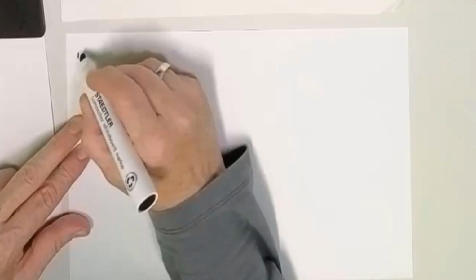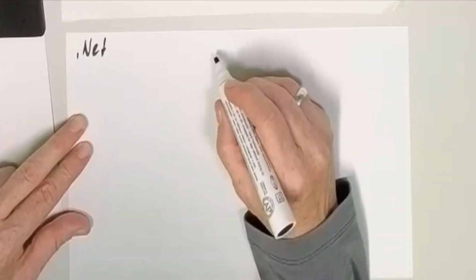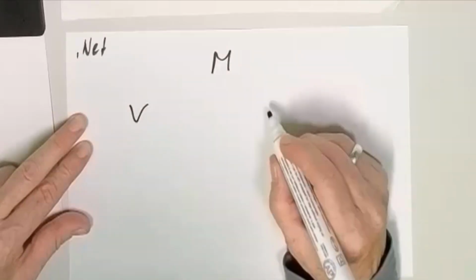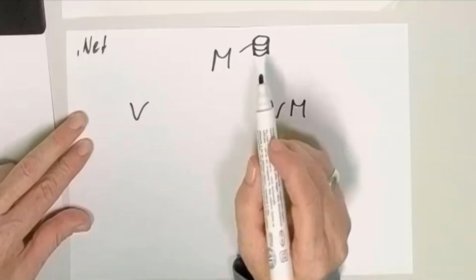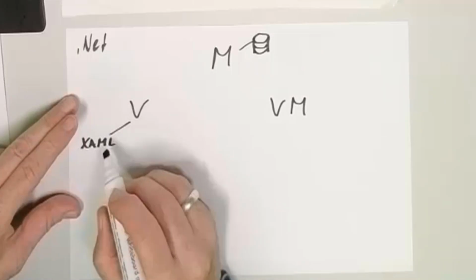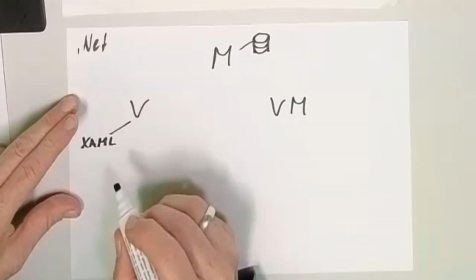I come from the .NET world, and Unity uses C#, so I thought I would have a try with the Model-View-ViewModel pattern. So with the Model-View-ViewModel pattern, the model does all the communication with the database. The view is described in XAML, similar to UXML in Unity.